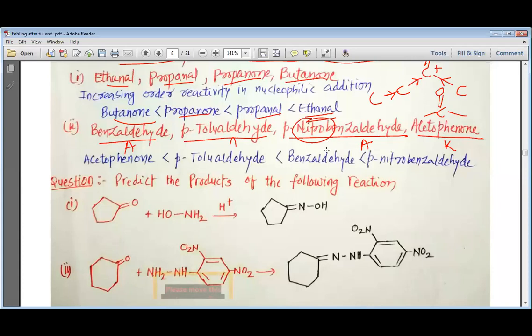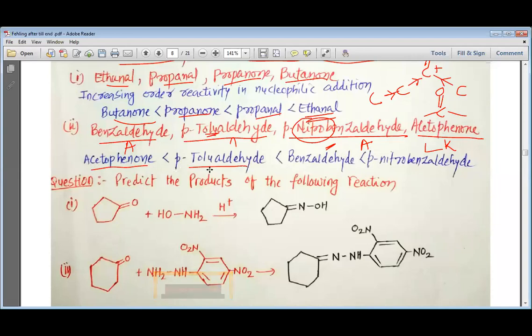And that is why, my dear students, the nitro group makes the carbonyl carbon more electropositive, whereas the methyl group makes the carbonyl carbon less electropositive. Acetophenone, being a ketone, will be less reactive than the aldehydes, and that is why acetophenone is the least reactive among all.